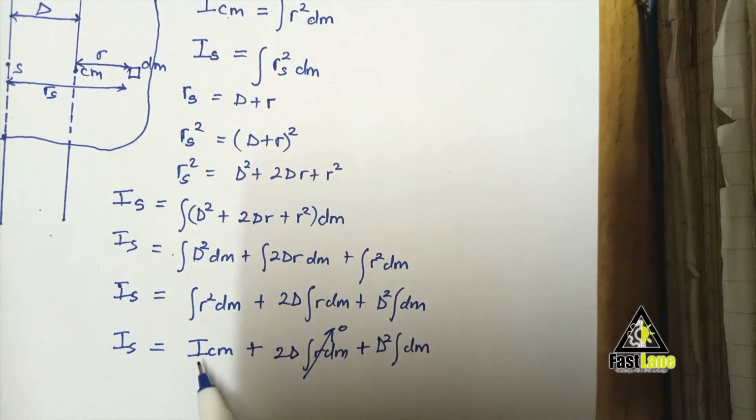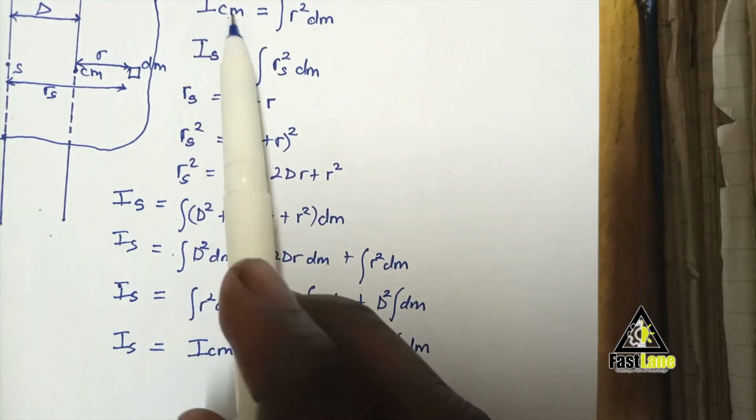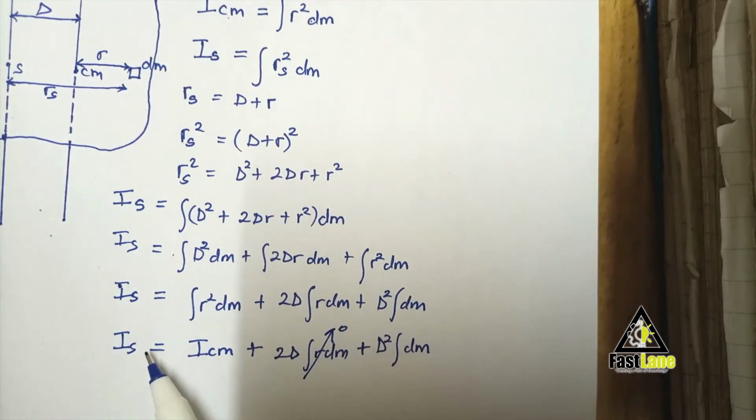I_s equals I_cm, which by definition is the integral of r squared dm, plus 2d times the integral of r dm.